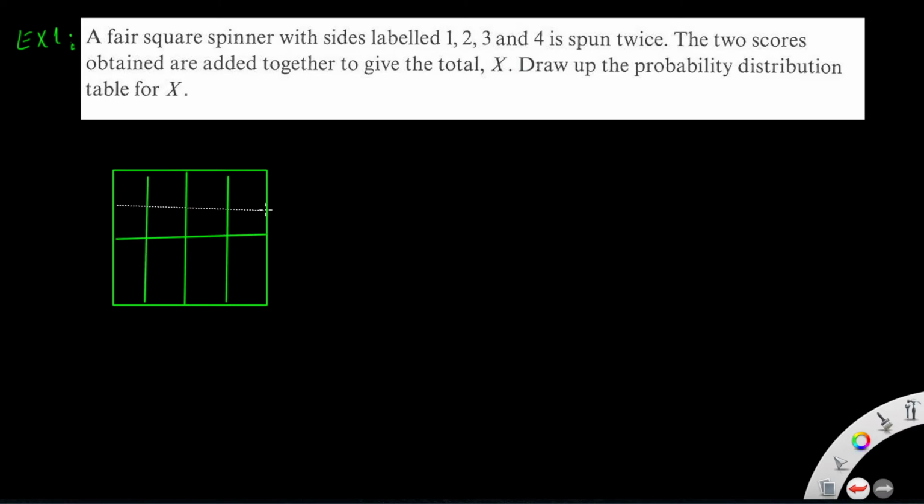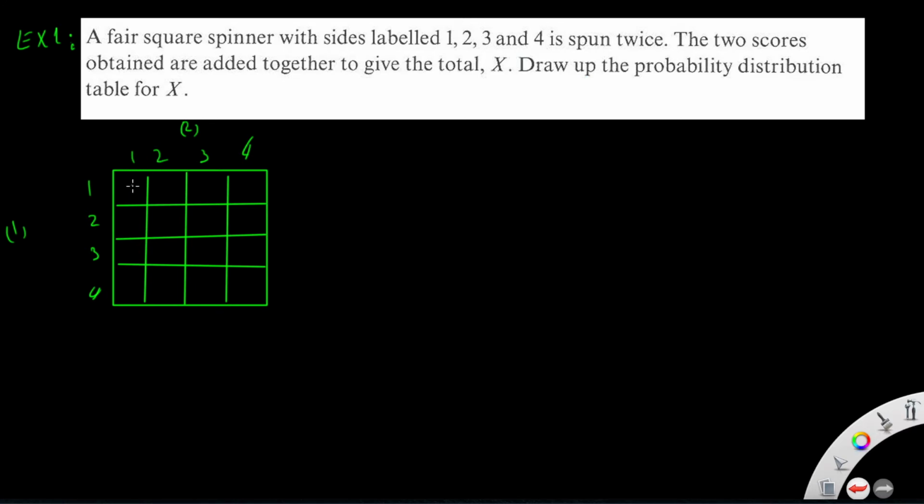Now I construct a possibility diagram. Here spinner 1, here spinner 2, numbers 1, 2, 3, and 4. Spinner 2, 1, 2, 3, and 4. X is the sum of the numbers shown by the spinners.